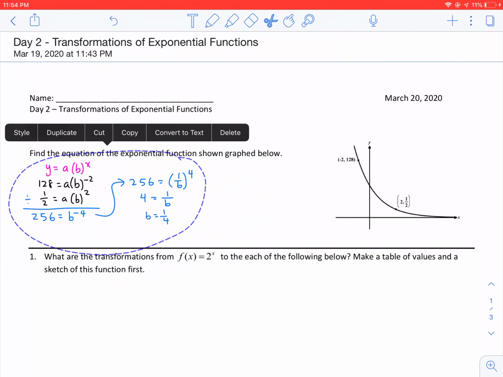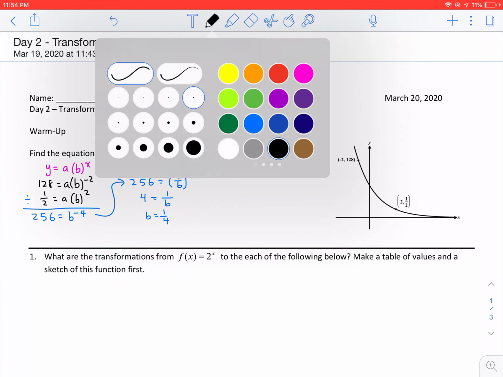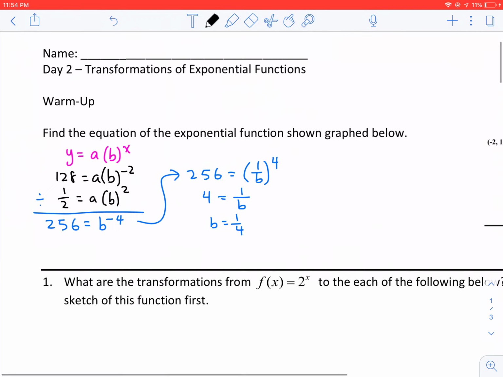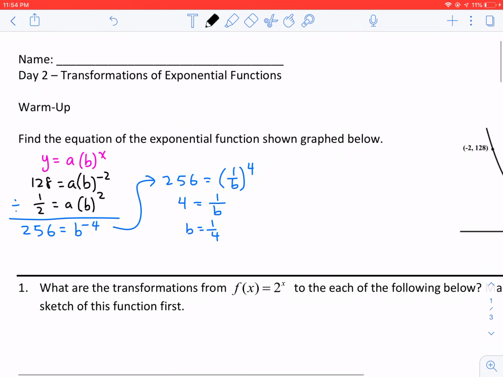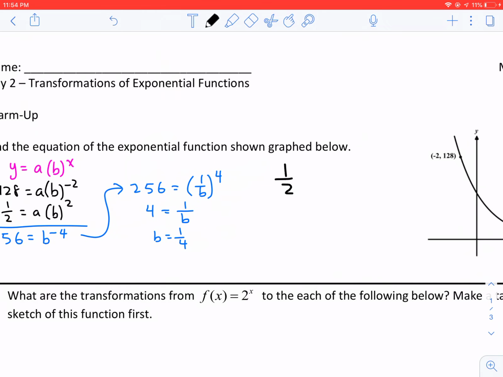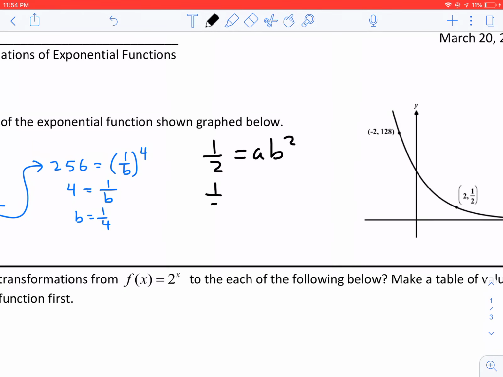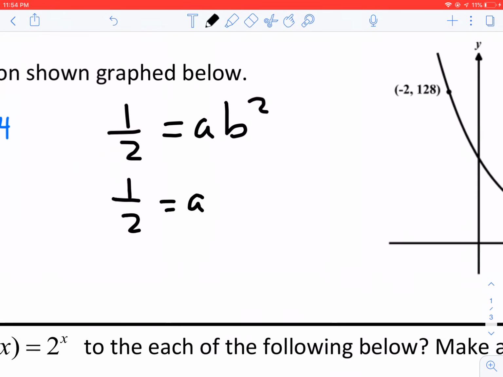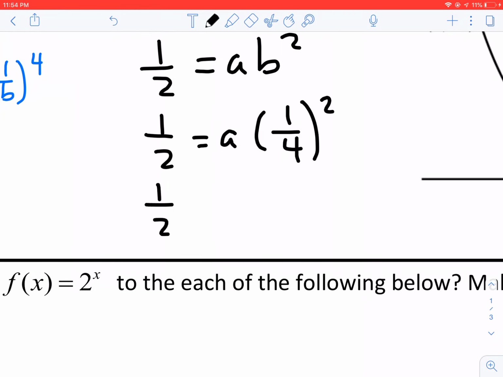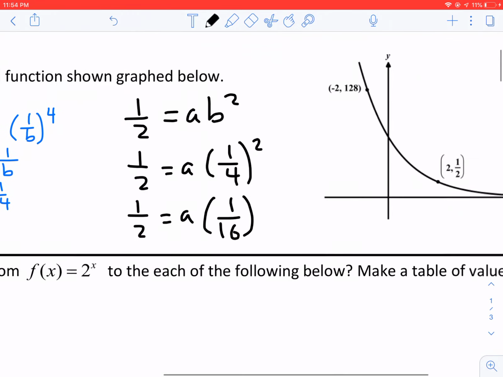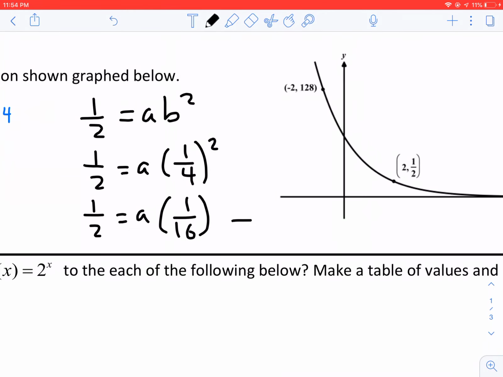All right, so once we have this, we can plug in and find the a value. I'm going to plug into this equation: 1/2 equals a times b squared. 1/2 equals a times a quarter squared. So 1/2 equals a times a 16th. And then multiplying both sides by 16, it looks like a is equal to 8.